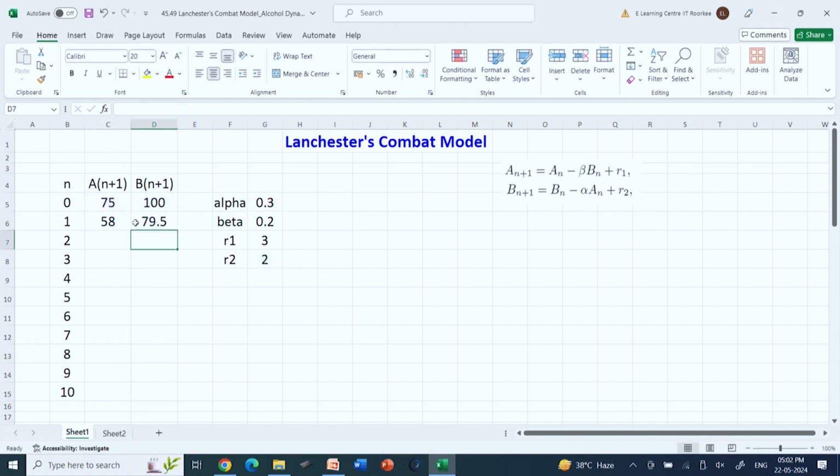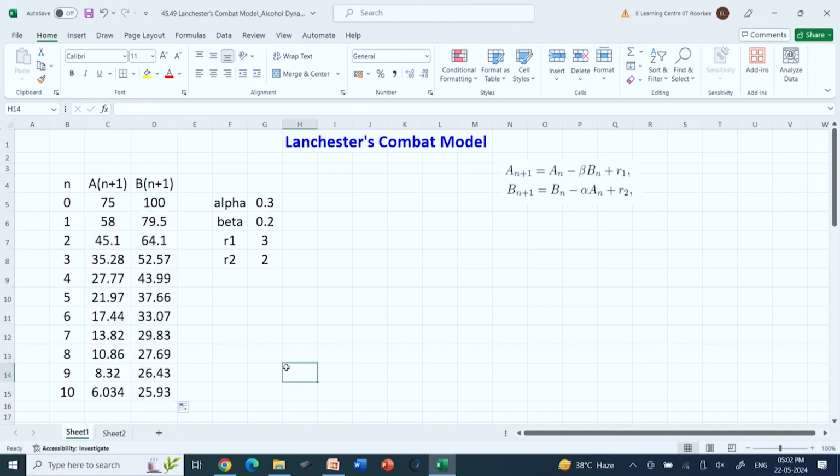And so now you highlight these two and drag up to say 10 values.